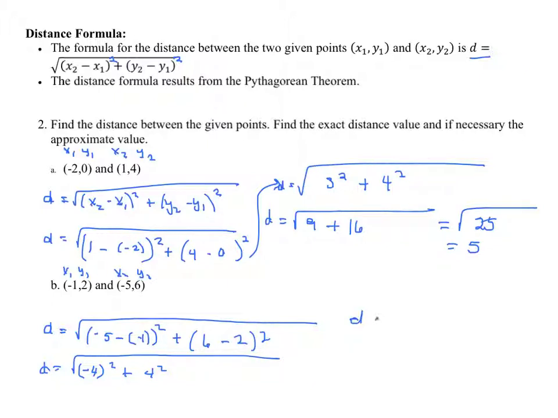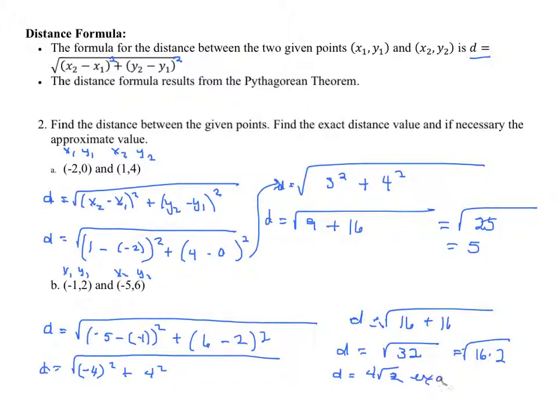So the distance is equal to the square root of 16 plus 16. So it's the square root of 32. If we simplify this, we'll get 4 square root of 2 because 32 is 16 times 2. Good, and the 16 comes out as a 4.